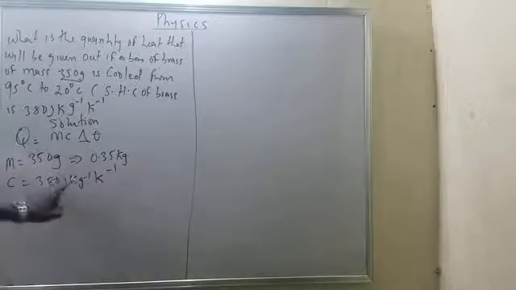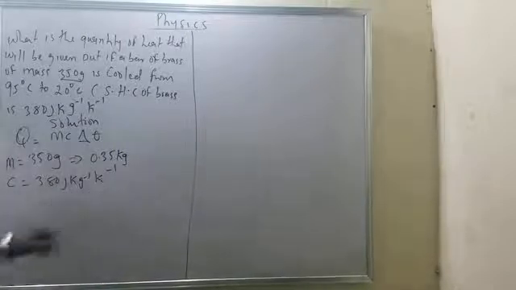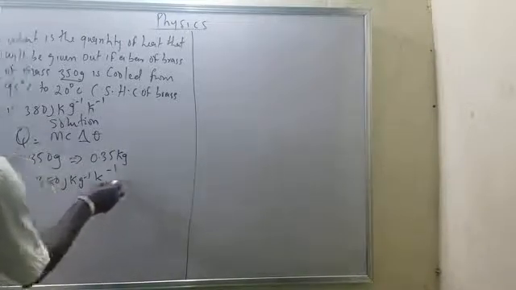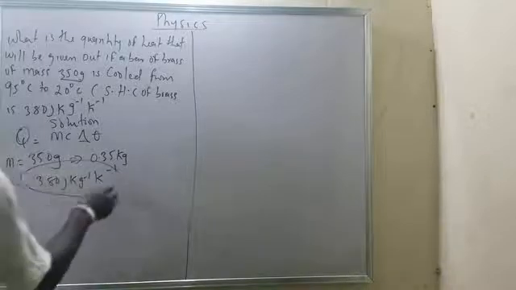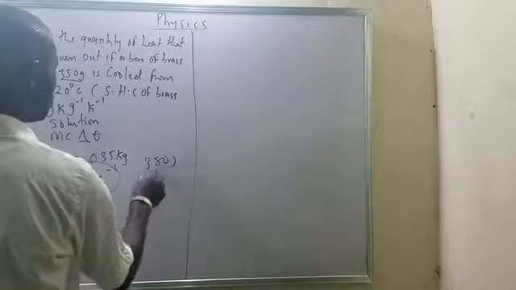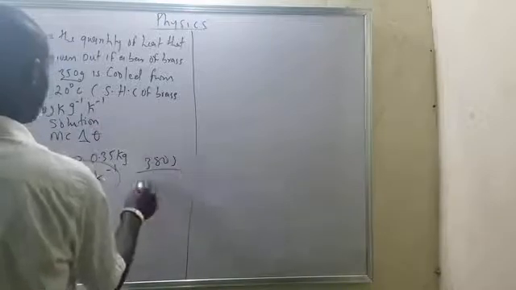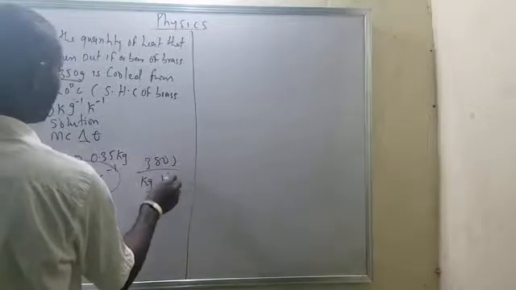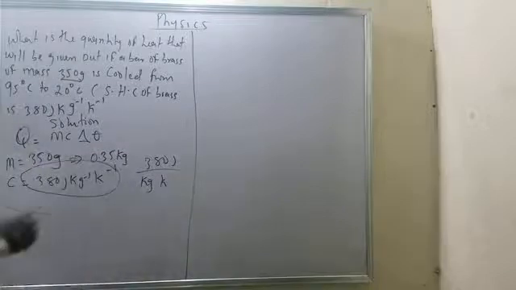I can also write it in the form of 380 joule divided by kilogram and Kelvin. This is the same thing. Please take note of that. I'm using the inverse approach.